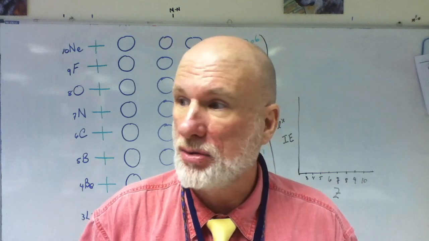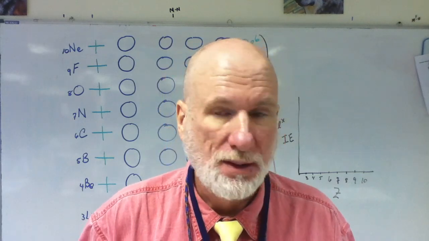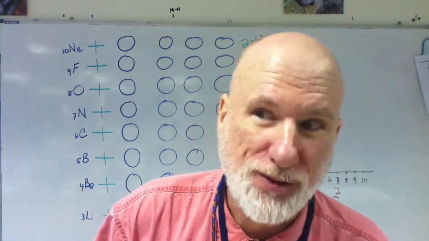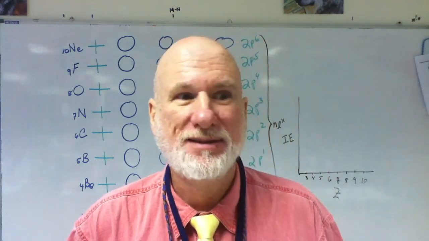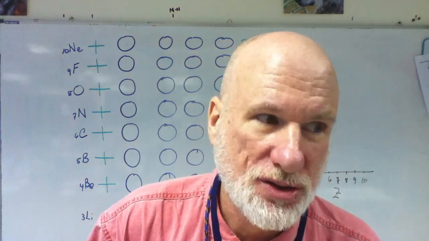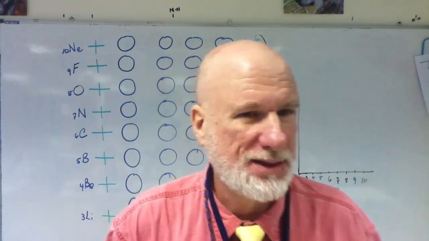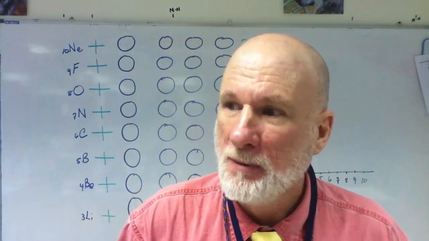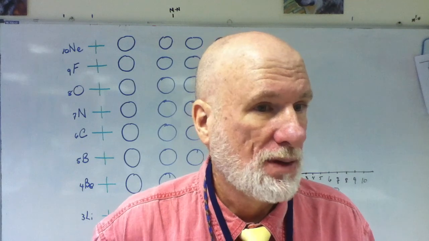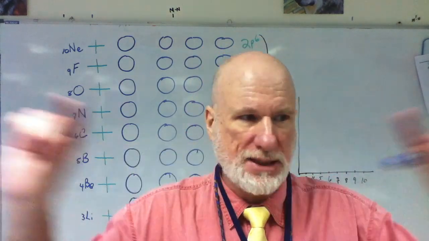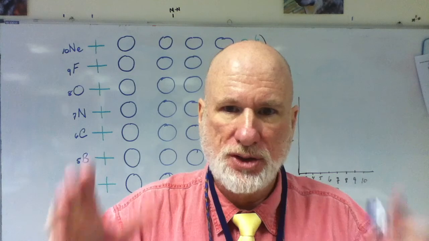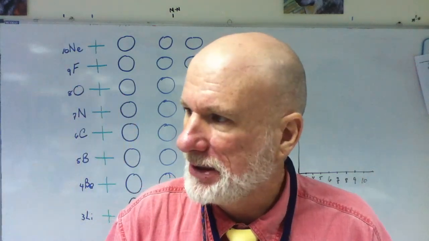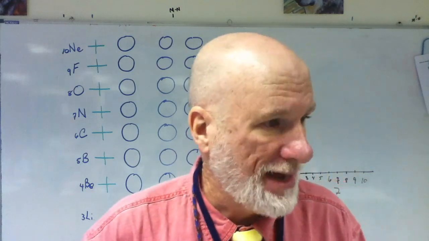There are horizontal groups that have names, but they're actually groups of vertical columns, not necessarily horizontal rows. For instance, I know Dylan's looking at me like, what does he mean by that? That's like a puzzle of some sort. Well, the transition elements are certainly horizontal, but it's not the entire row, right? Just that middle group of columns, the D elements. The rare earth metals are the Fs.